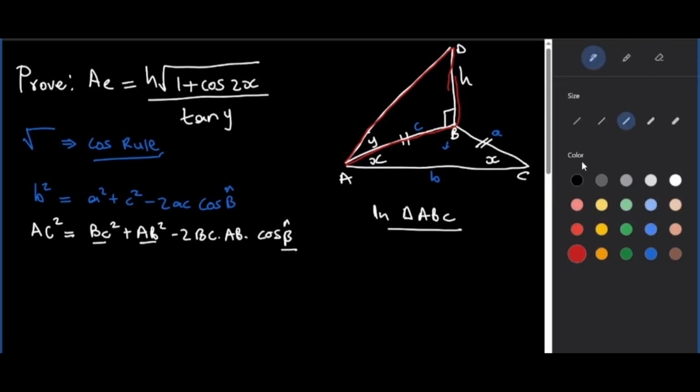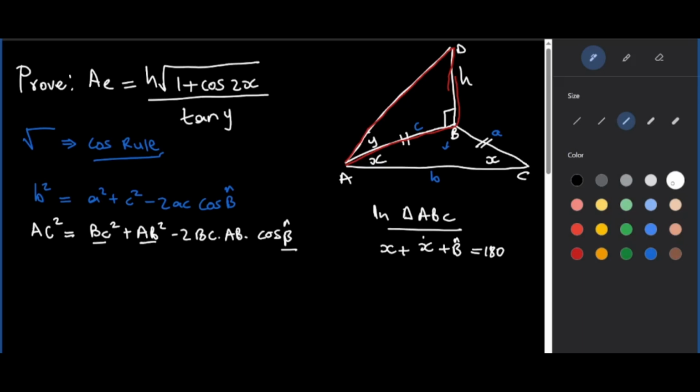Now, in triangle ABC, if we take x, add that x, and then add angle B, this should give us 180. And the reason is the sum of interior angles.